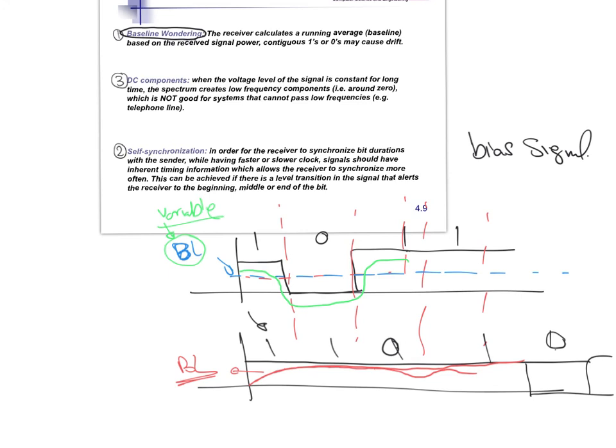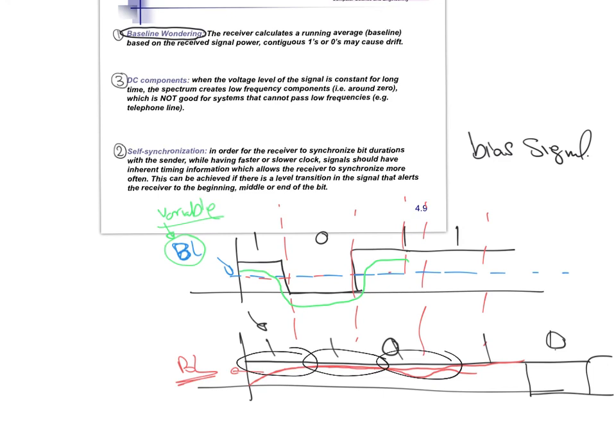The other problem, which again exists if I have the same voltage level for a long duration of time, is the lack of synchronization. If I have the same voltage level for a long period of time, then I do not have any information in the signal that tells me where the bit boundary is.